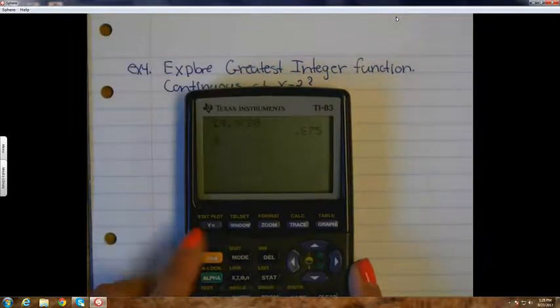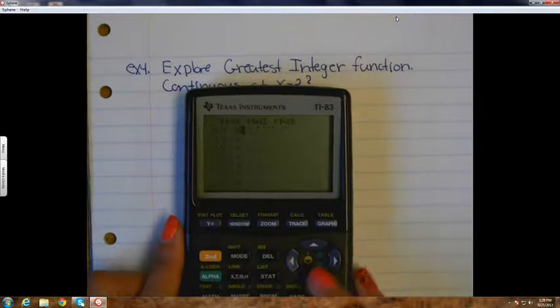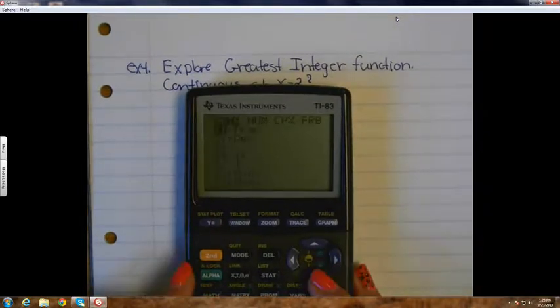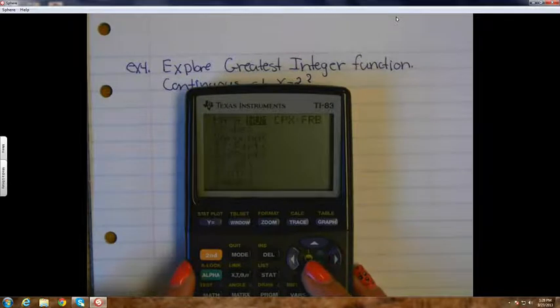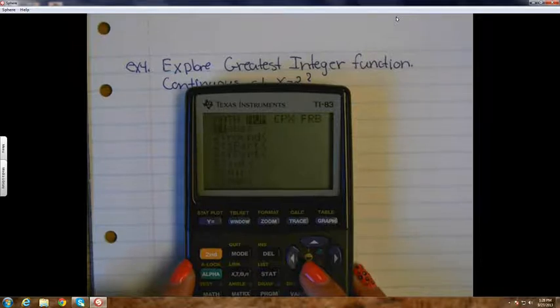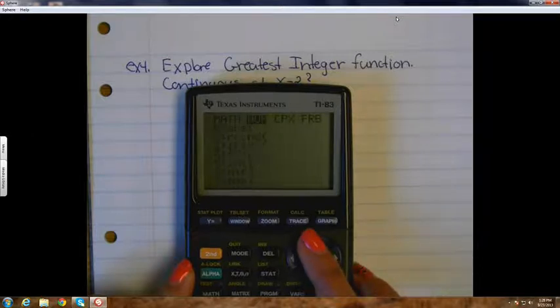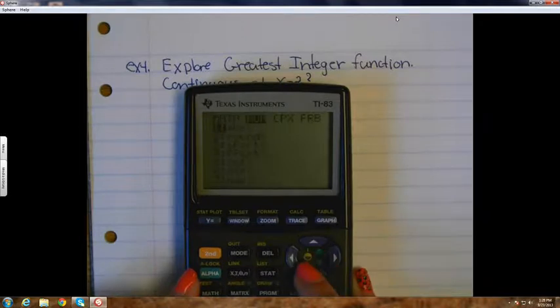Go y equals, let's see, math, num, int, it is int, yep. So I went to math, over to num, down to int, number 5.